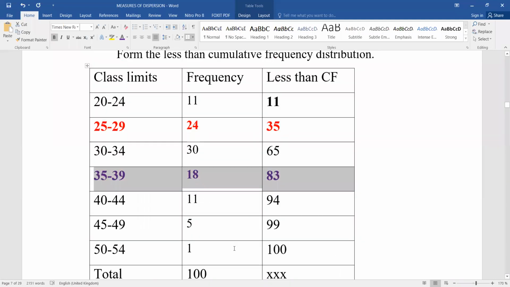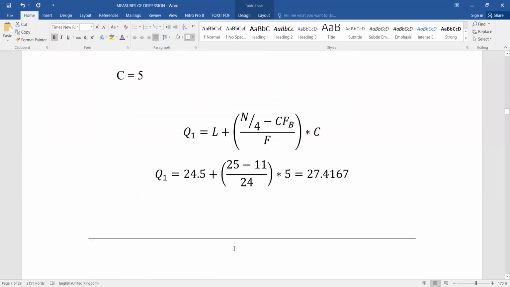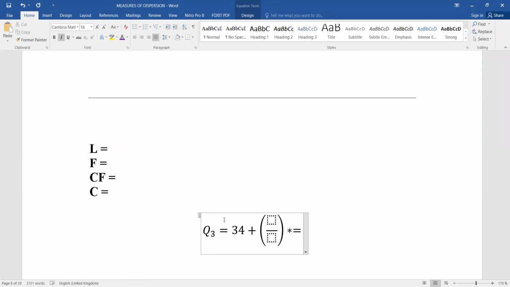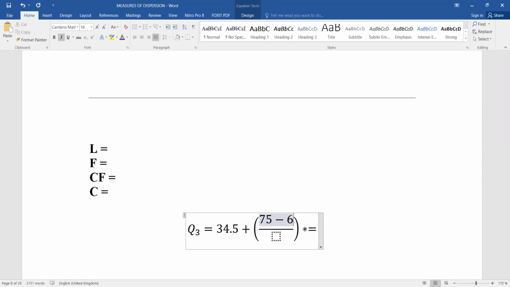So we put our values. We compute our values. So we shall have 34.5 plus 75 minus 65 over 18, then that is multiplied by 5.